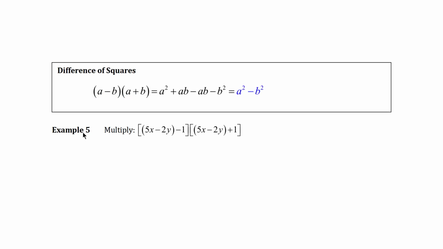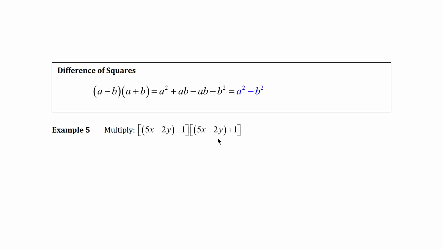In example number 5, multiply. We have two binomials multiplying each other. The first binomial is written as bracket, parentheses, 5x minus 2y, close parentheses, minus 1, close bracket, times the binomial bracket, parentheses, 5x minus 2y, close parentheses, plus 1, close bracket.